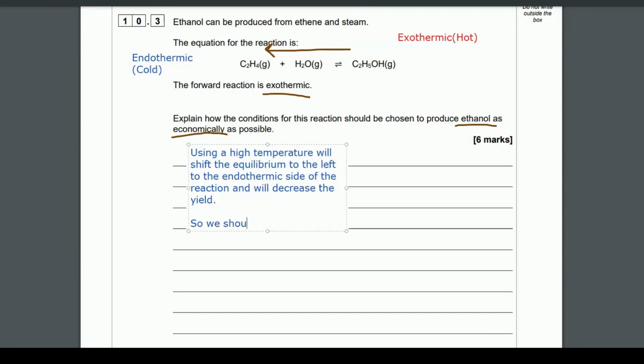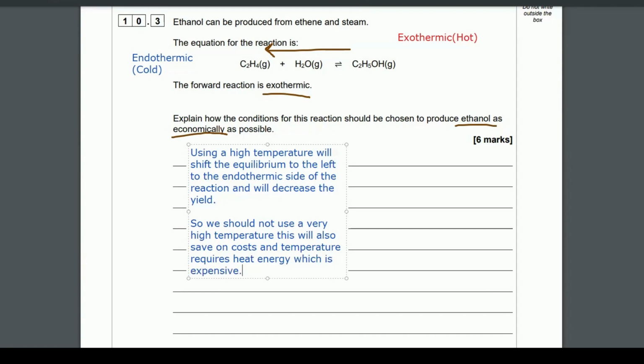So we should not use a very high temperature. This will also save on costs, as temperature requires heat energy, which is expensive. Okay, a little bit of waffle about cost. So we shouldn't use a high temperature.